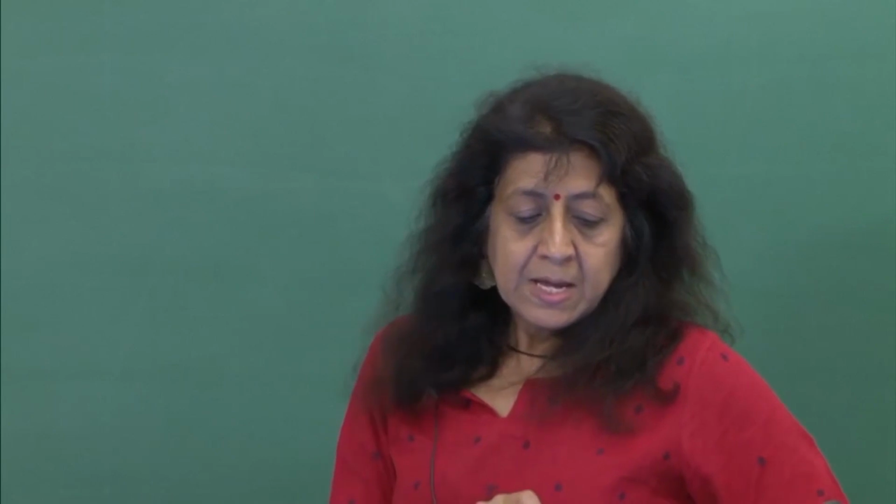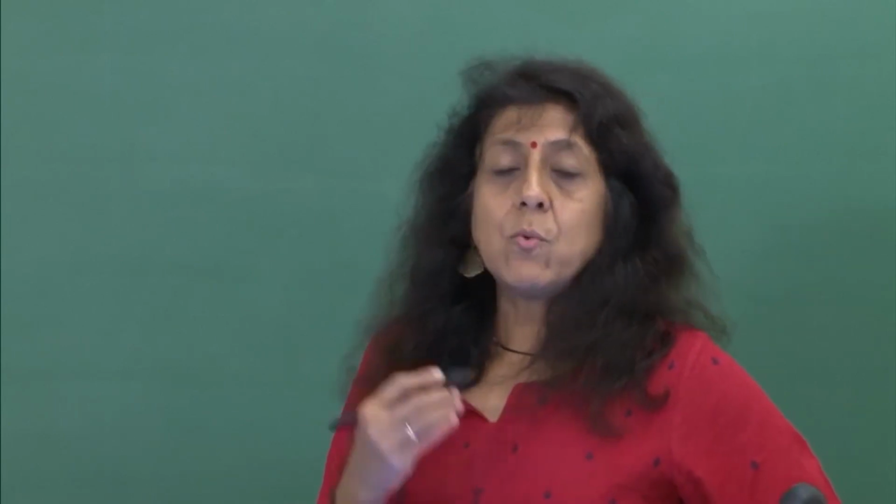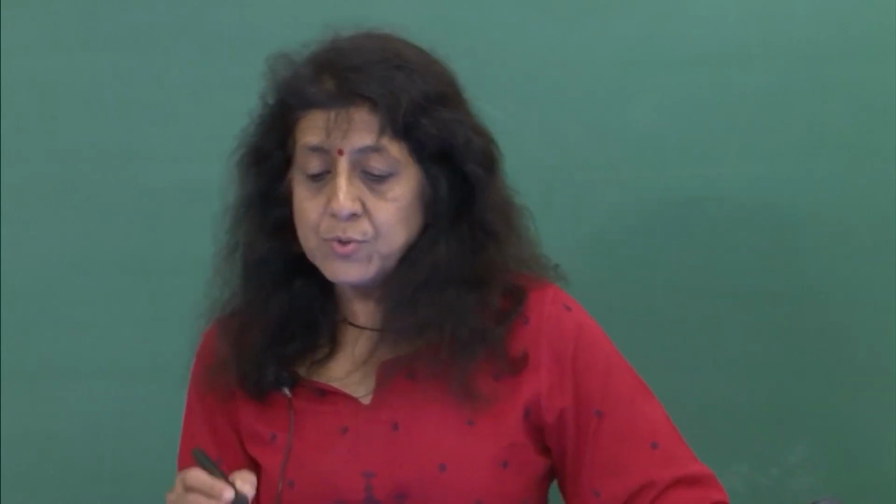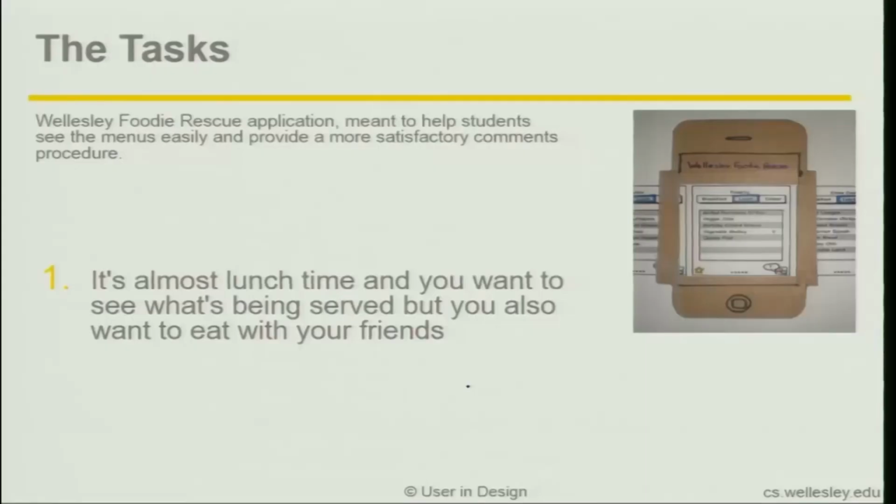Now you're saying, it's almost lunchtime and you want to see what's being served, but you also want to eat with your friends. Can you tell me how you would go about it on this app? And please point on an area of the screen to show me what you would do. That is what you would tell them.